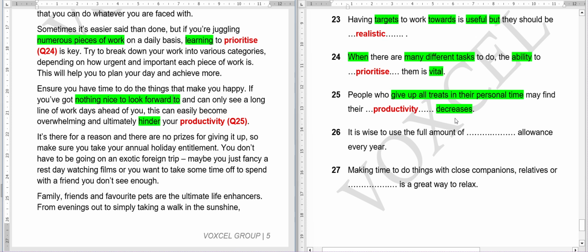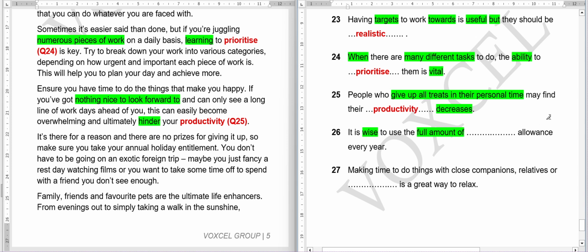It is wise to use the full amount of dash allowance every year. So that should be some kind of allowance you are given every year, and it is advisable to use this full amount, you should not leave anything behind.